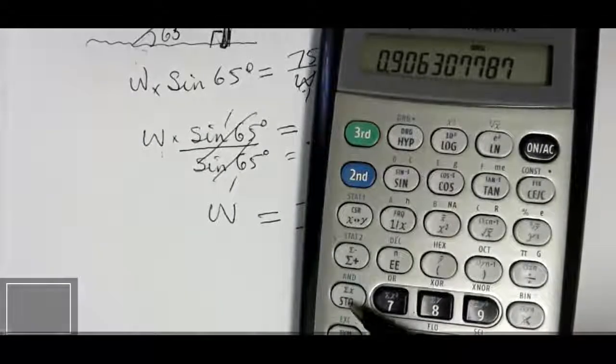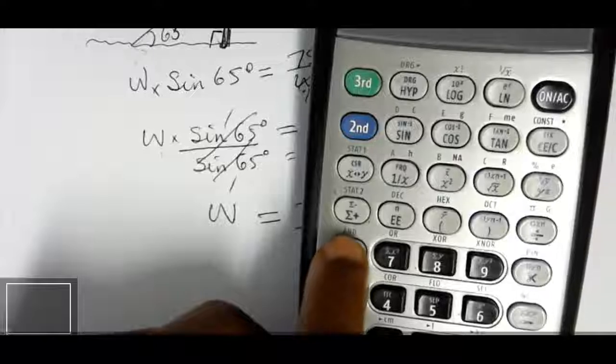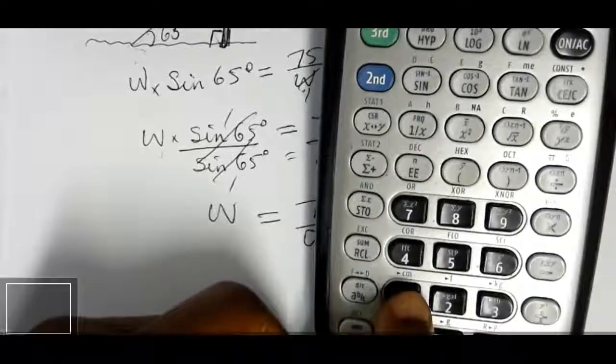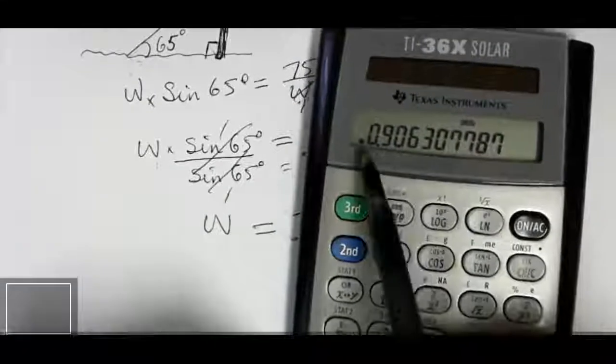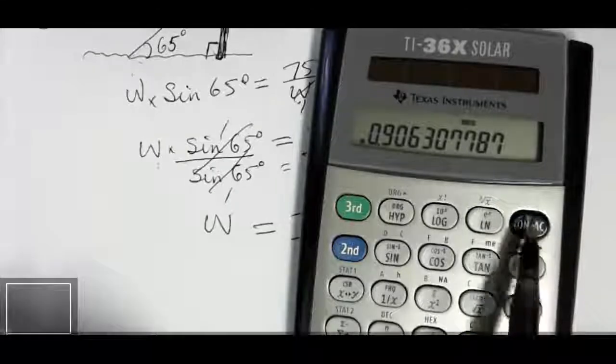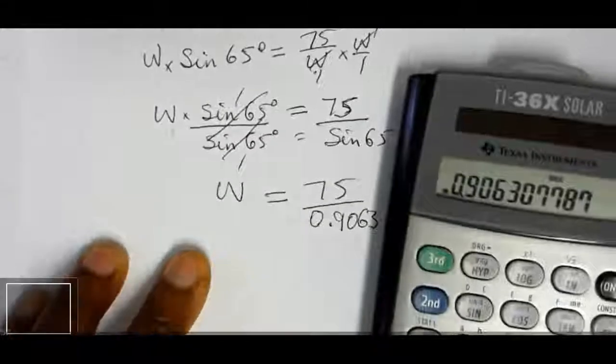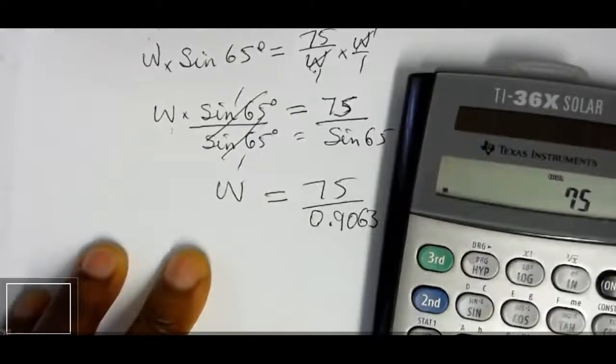Like here we have a store key. Since we are going to use this number again, we can just store it. So you go store and save it as store 1. It's going to show an M, which is the memory. Do not clear it. So just type in 75.